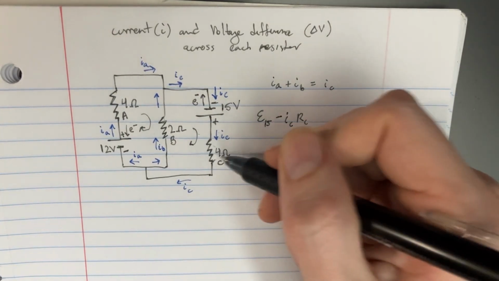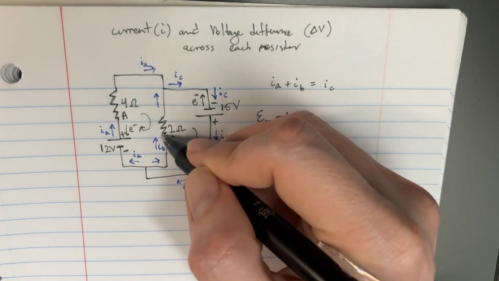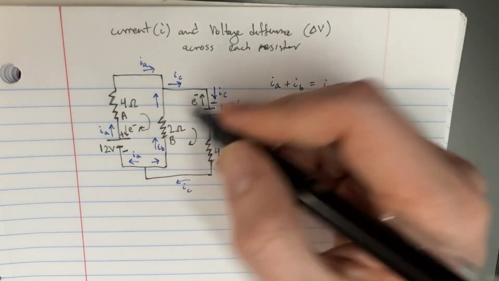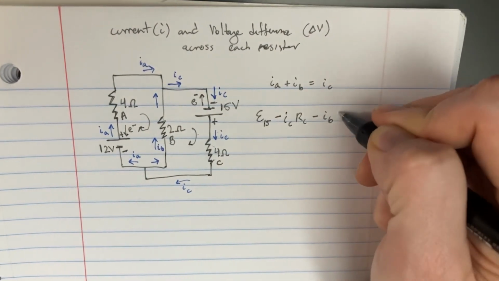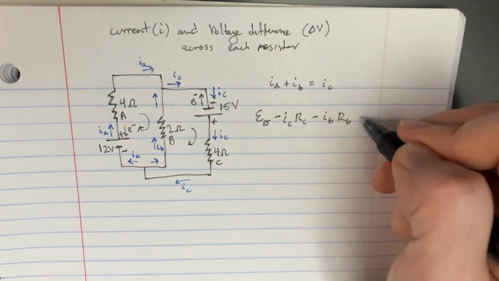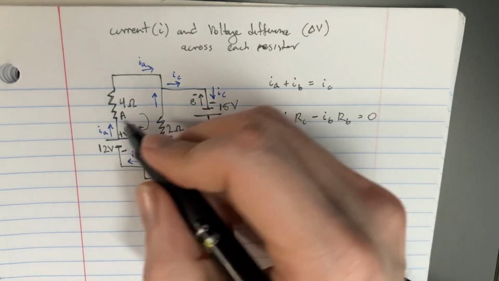That's going to be this resistor. Then we're going to follow the current, and this loop is just going to take us to here. Again, we're following the current, so it's another minus. And this is going to be IB, RB. And then we're going to follow the current again, and that's going to be the end, so we'll call that 0.